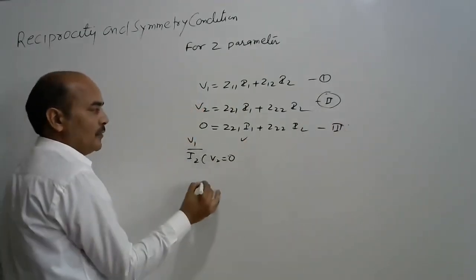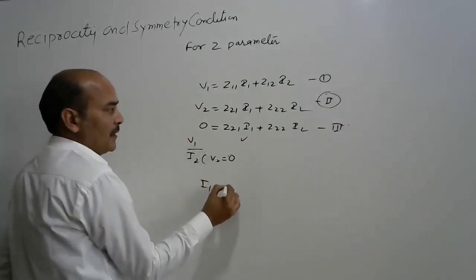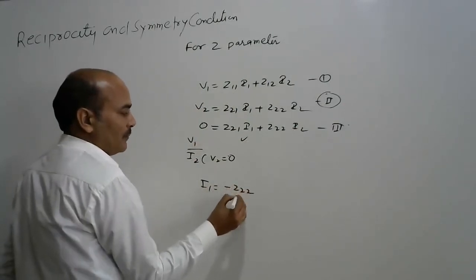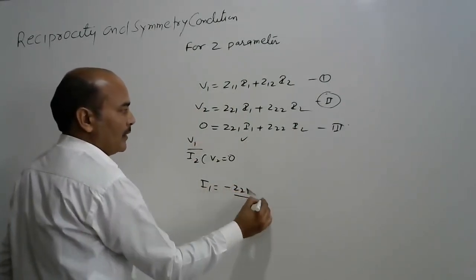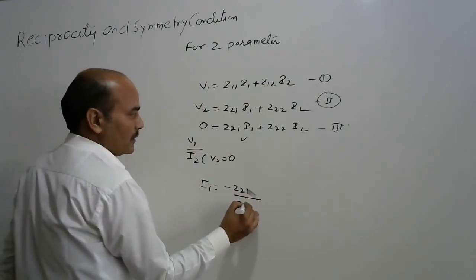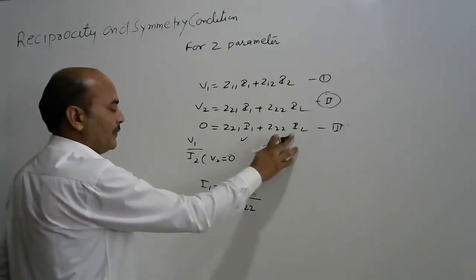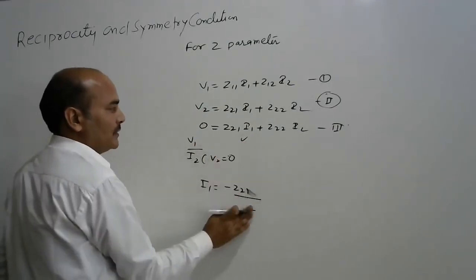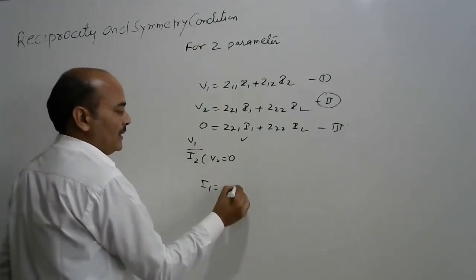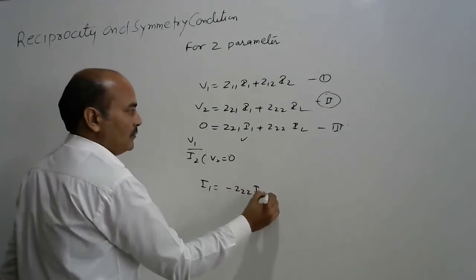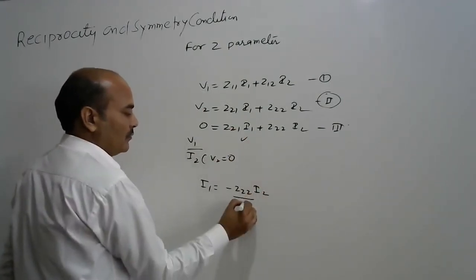Sorry, we have to calculate the value of I1. So this is I1 equals minus Z22 I2 upon Z21.